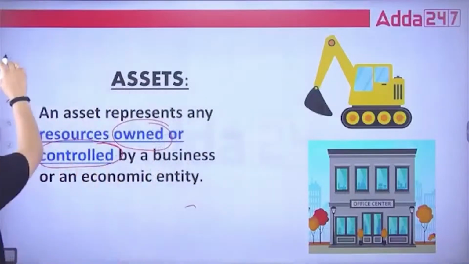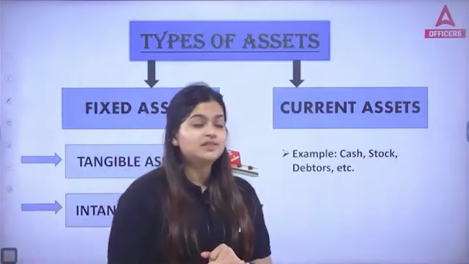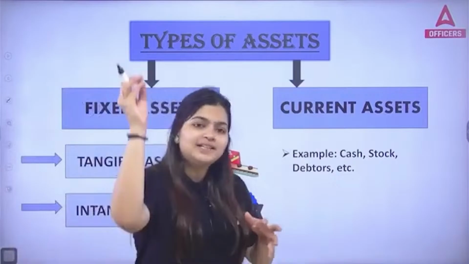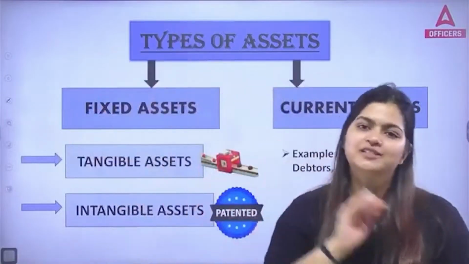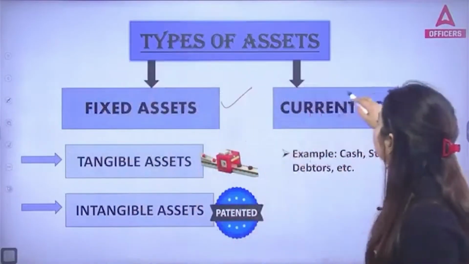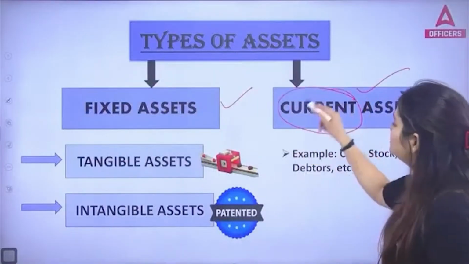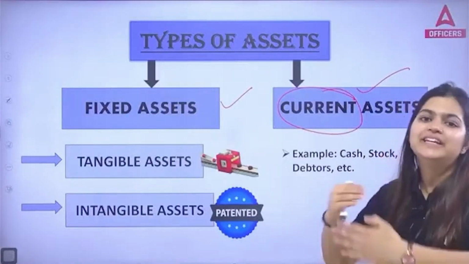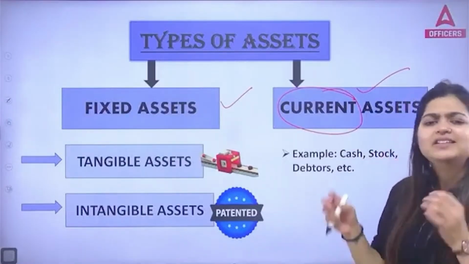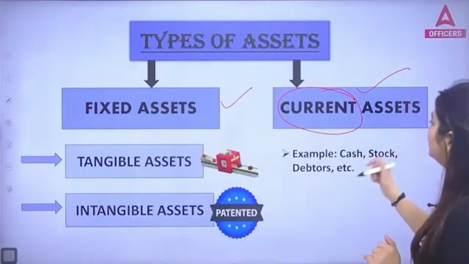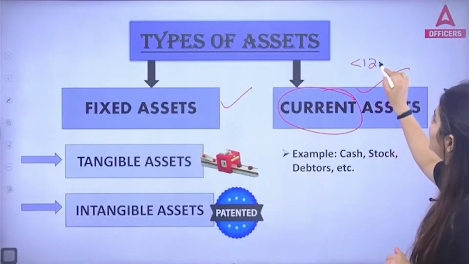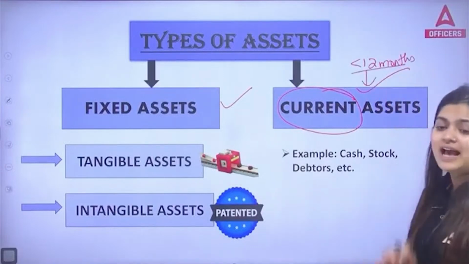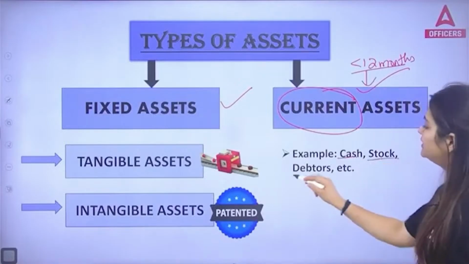Now, the next important term that we need to understand is fixed assets and current assets. Because under the assets, we have again a sub-classification, that is fixed and current. Current assets means those which you are going to use daily, and their life is also not more than 12 months. When their life is less than 12 months, that is known as current assets, like cash, stock, debtors.